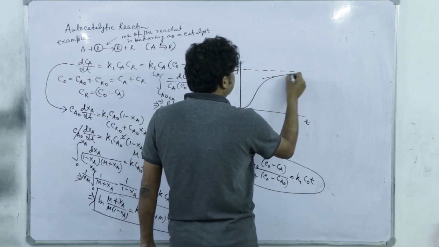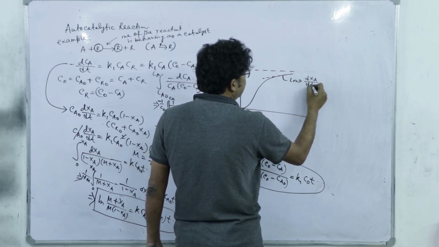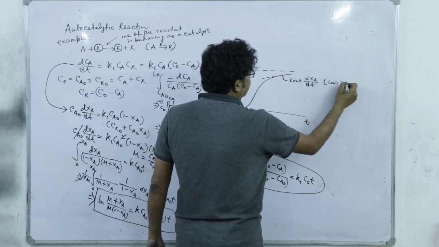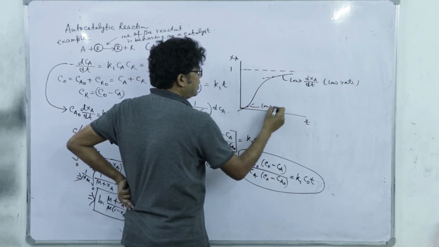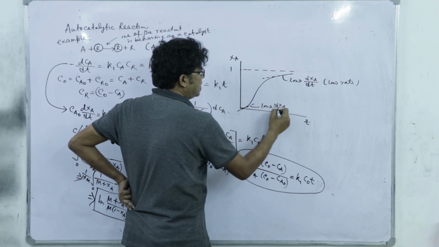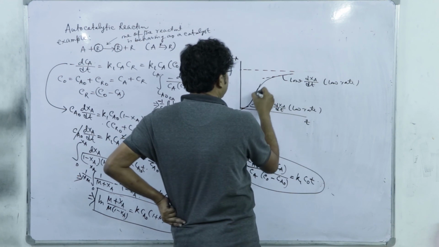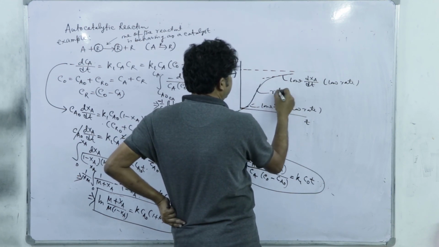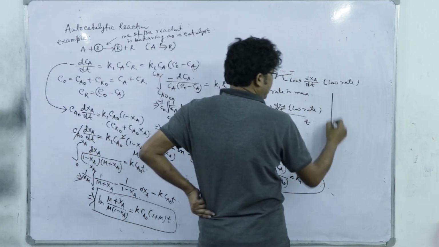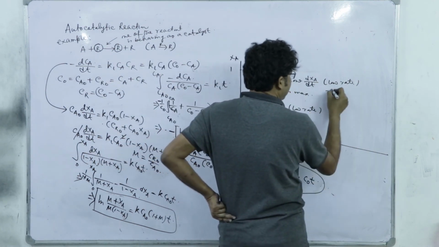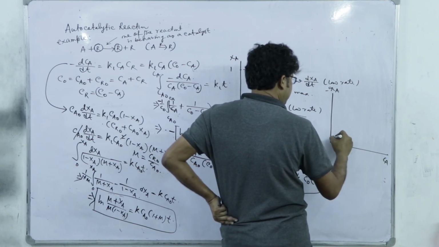So, here it is low dXA dt, so low rate. Here initially it is also low dXA dt, low rate, and here the rate is maximum. Now actually if I plot minus of RA versus CA, what I will get?